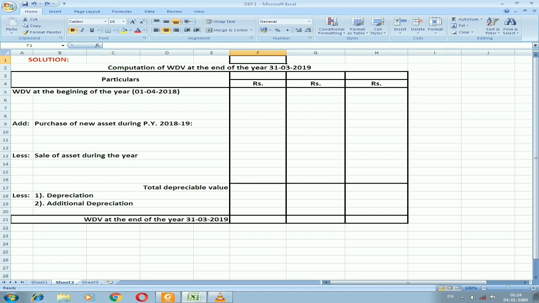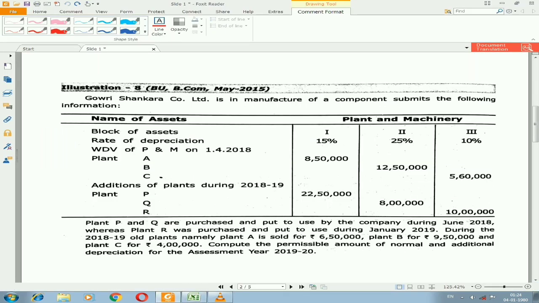So here I have made 3 columns for the 3 blocks of assets, that is block 1, block 2 and block 3. For those 3 blocks I have prepared 3 columns, so I need to enter the headings first. First is plant and machinery block 1 which is 15%, next plant and machinery block 2 which is 25%, which I am supposed to take in the second column.